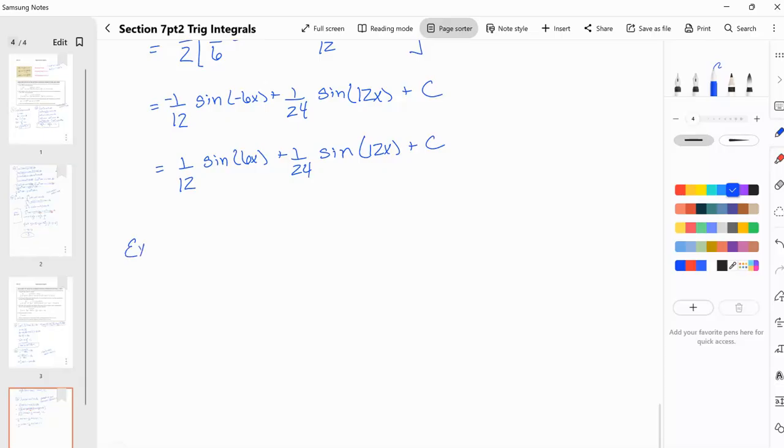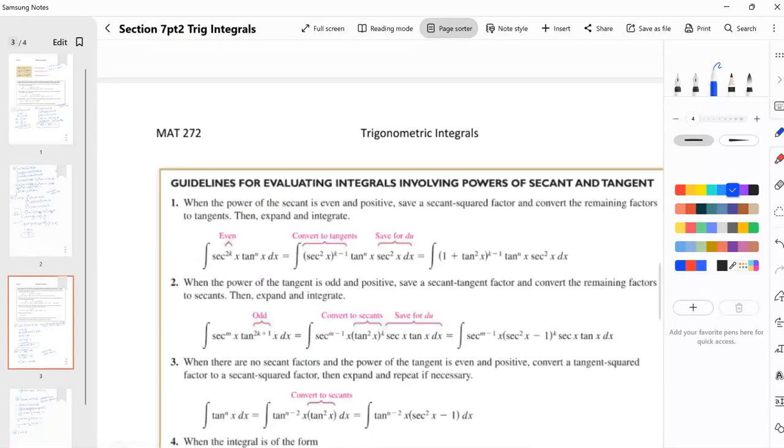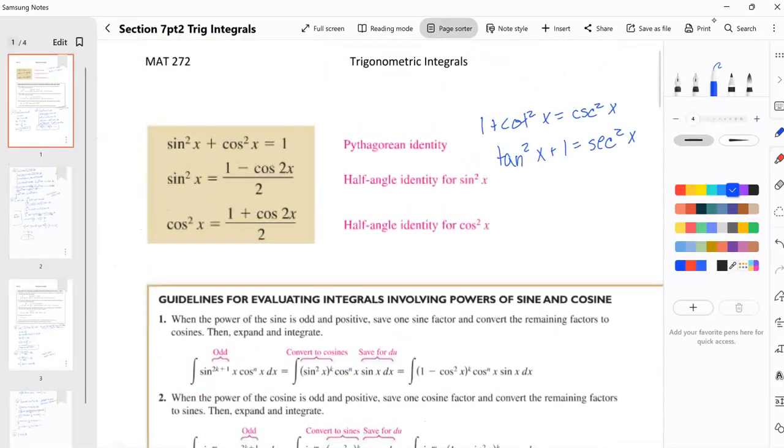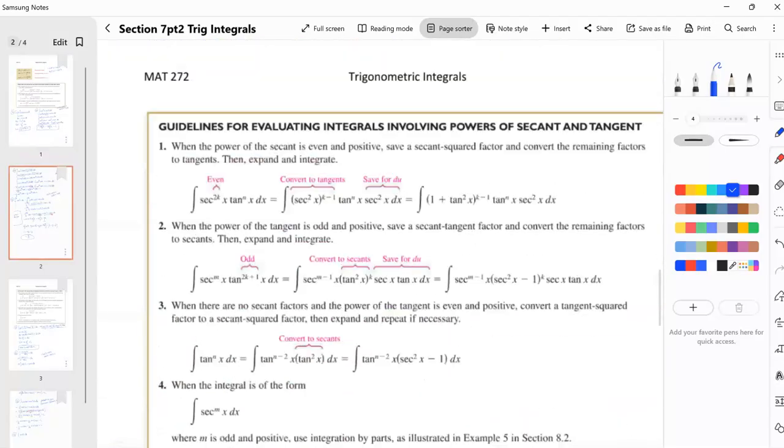And let's do one more using a power reducing formula. Let's say we're integrating sine squared of x dx. Going back up here, we saw the introduction of the power reducing formulas. We could rewrite that sine squared as 1 minus cosine 2x over 2.